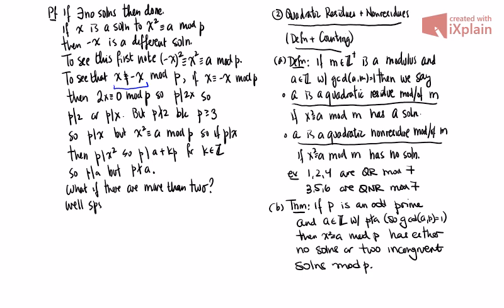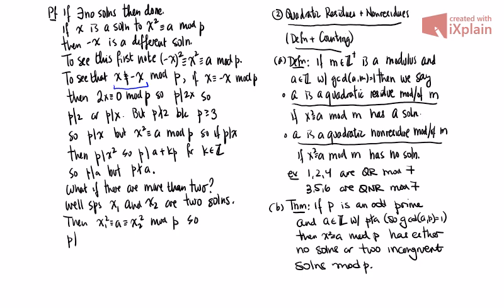So we'll say this. Well, suppose that, say, in the notes I used x1 and x2. So think of these as any two solutions. Right? So then what we get is x1 squared is congruent to a, which is congruent to x2 squared, because they're both solutions.